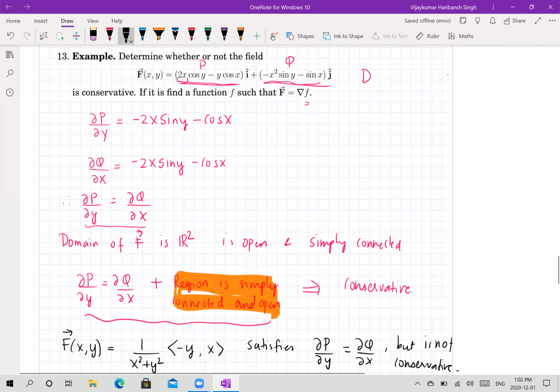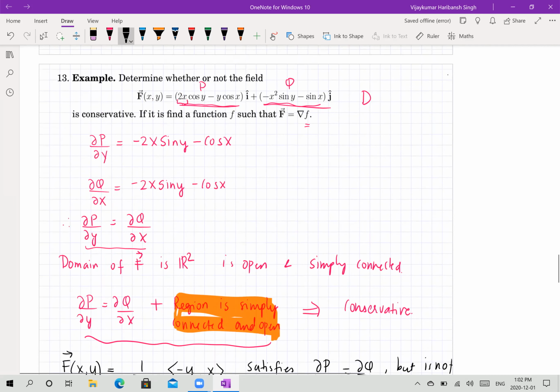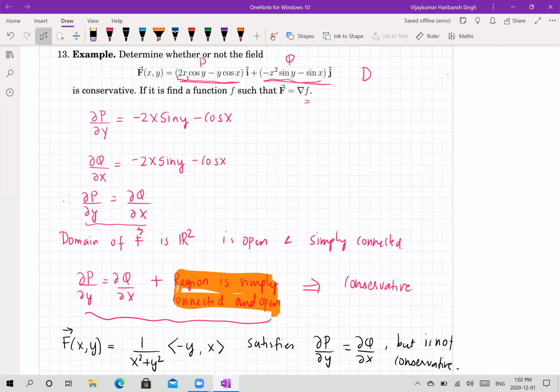However, let's finish this problem here. Therefore we get F is conservative.